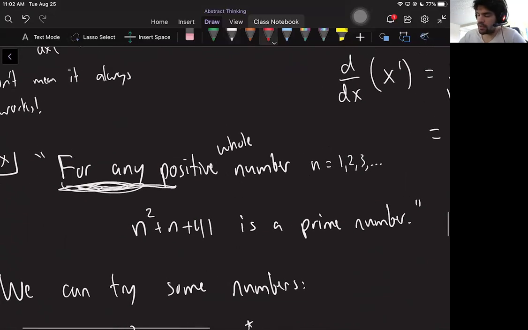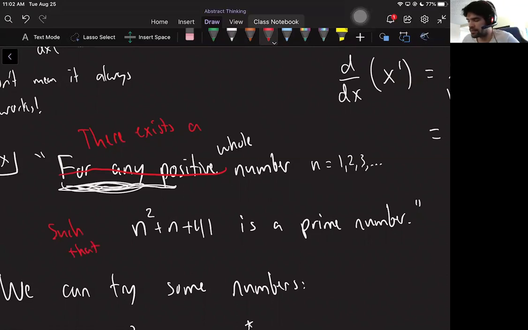But if I change the phrasing to there exists a whole number where this thing happens, then suddenly it could become true, because now the claim about the something is different. The claim is that it just works at least once, and it does. If I plug in 1, then I'll get 43, which is prime.